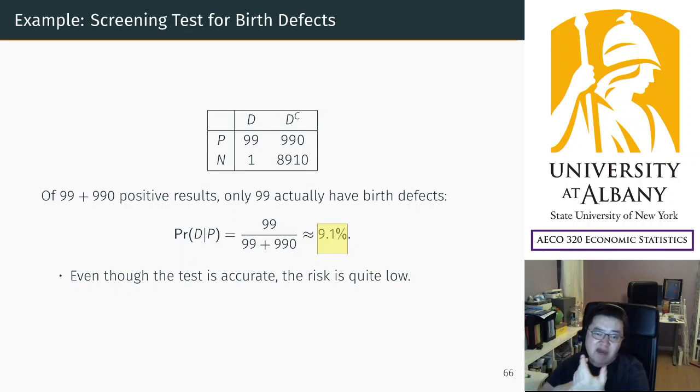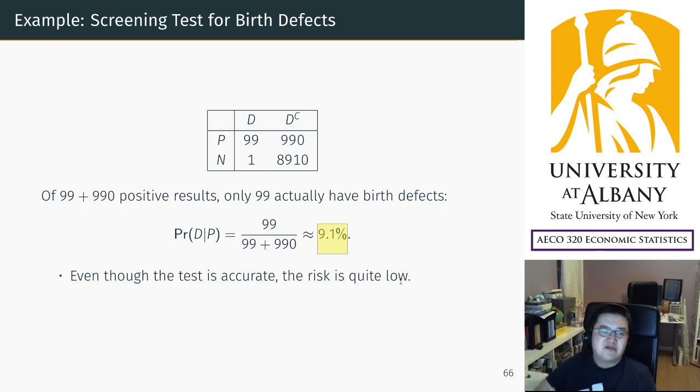So when you do the math, the risk does not need to be that exaggerated. By the way, this 9.1% is already much larger than the reality, because as I said, the actual probability of the birth defect is much less than 1%.